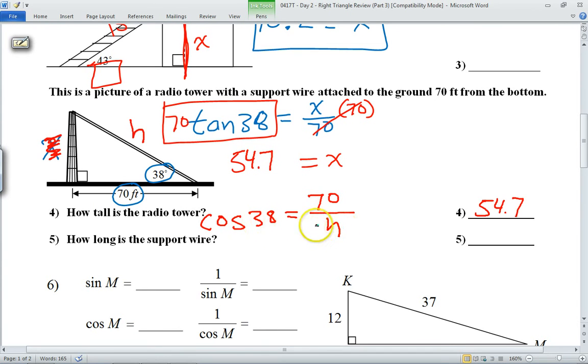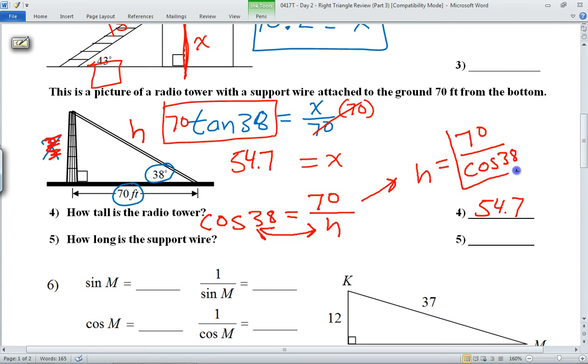What's the quickest way to get h by itself? Remember this? So if we make that swap, h is 70 over the cosine of 38.